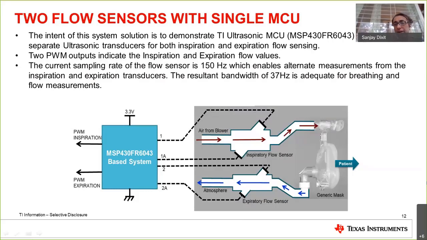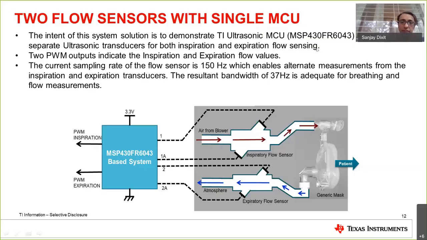For example, a ventilator can have an inspiratory and an expiratory flow sensor, and with one MSP430 microcontroller, we can run both sensors. You can have a single MSP430 FR6043 running both the inspiratory and the expiratory flow sensor, and this can really give a very cost-optimized implementation for a ventilator. This is something that has to be kept in mind.